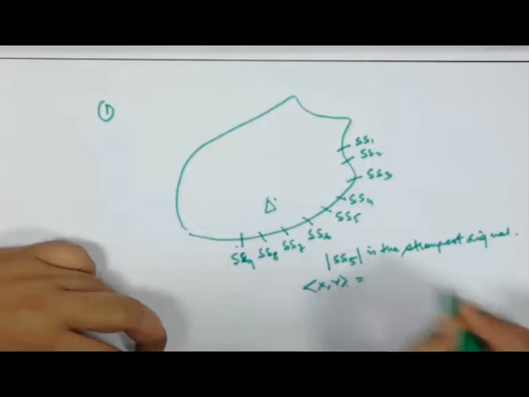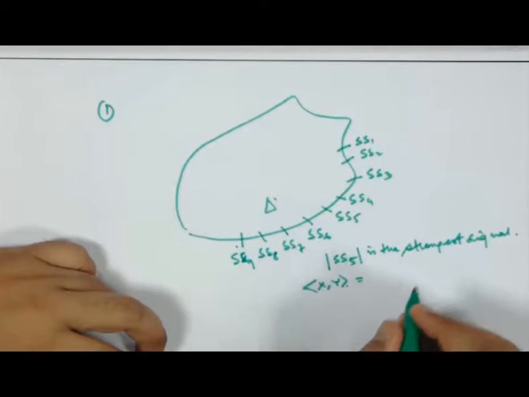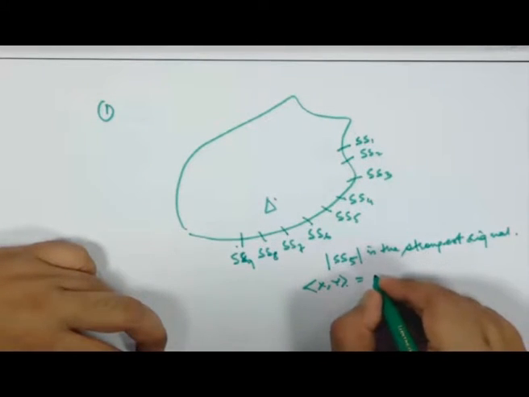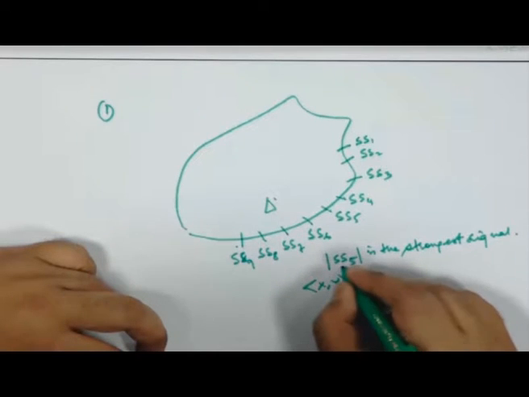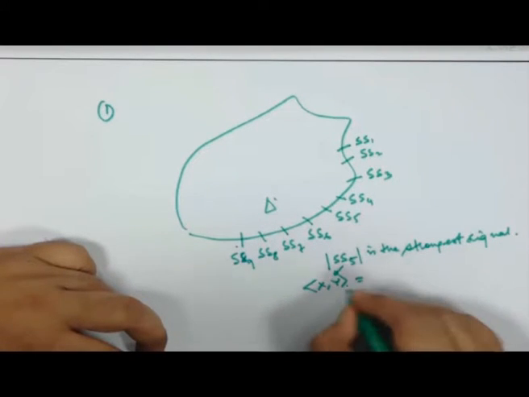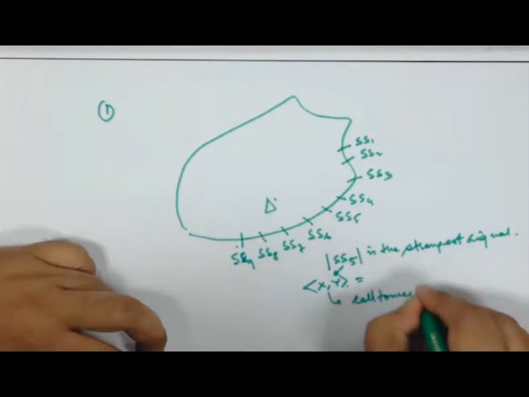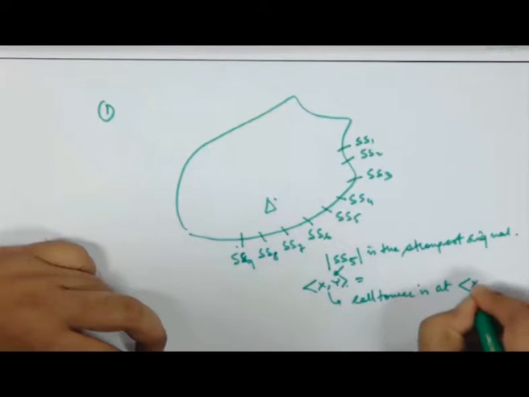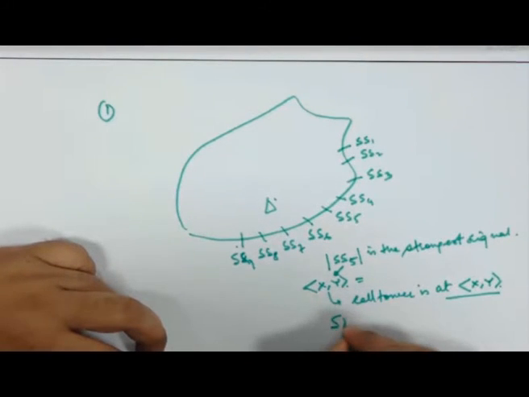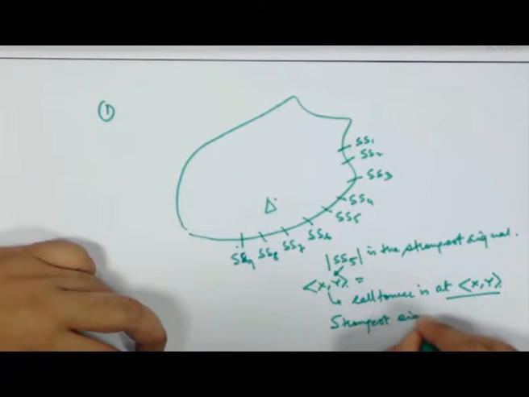So you say the cell tower is at XY. If you remember, in the previous case also we did this. So this is what is called strongest RSS.